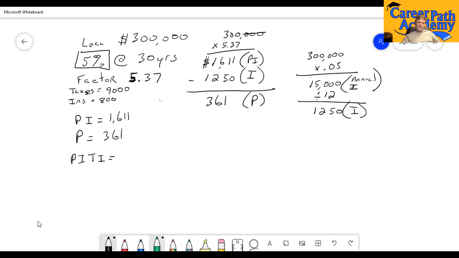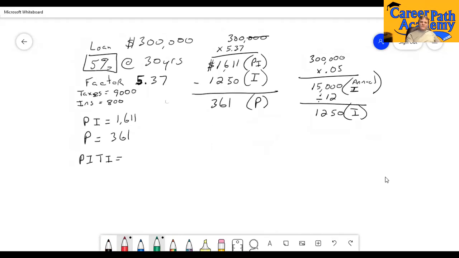That's your total monthly payment. Principal, interest, taxes, and insurance. I'll wait. And here's the formula. You ready?